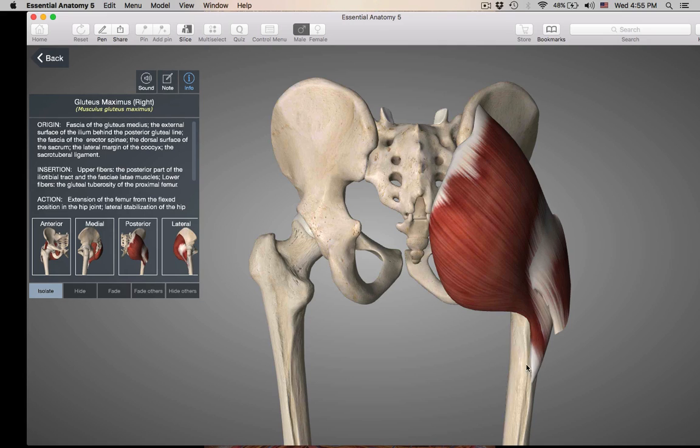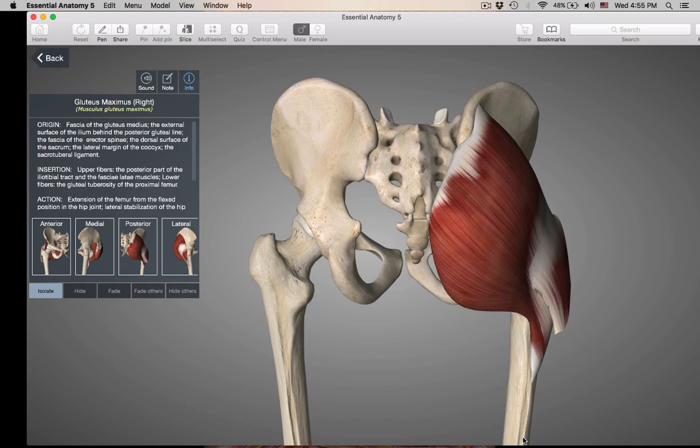So what you guys are going to be knowing, I mean, this does other actions at the hip joint, but for you guys, all you need to know is this is going to go I to O, and it's going to extend your hip back. So it's going to extend the femur backwards.